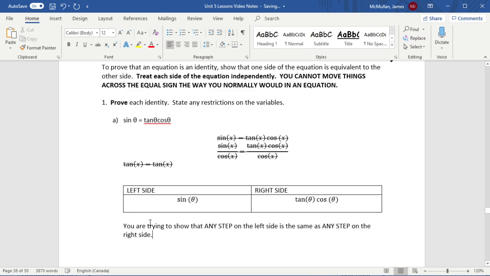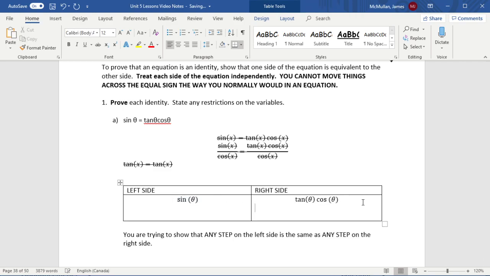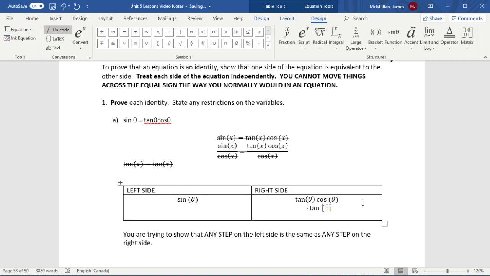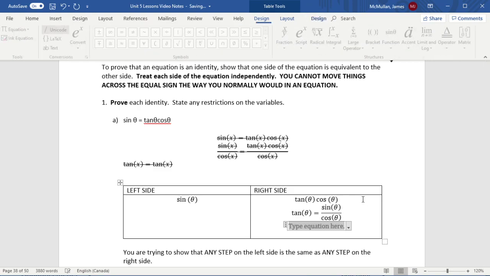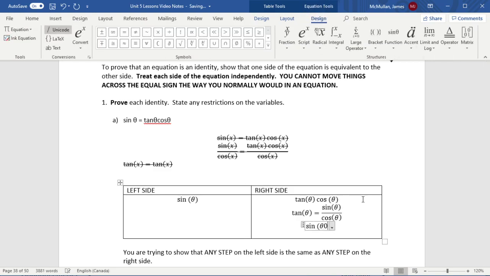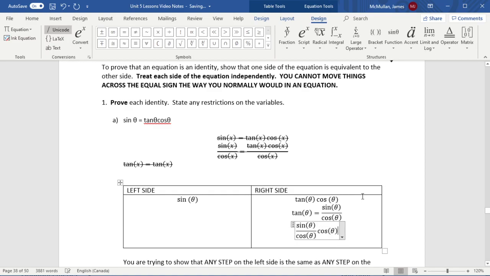Okay? Now, this identity is a very simple one to get us started. The left side is just sine. I'm probably not going to be able to do anything with just sine. I'd have nothing to work with. On the other hand, on the right side, I do know that at least tangent can be written as sine theta over cos theta. That's one of my identities, right? So instead of tan, I could say sine theta over cos theta, and then I'm multiplying this by cos theta.